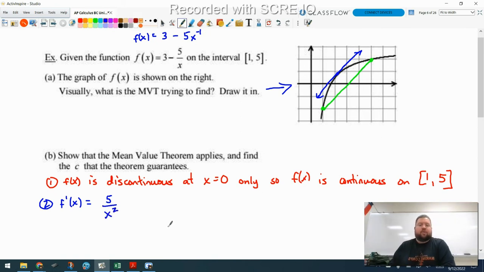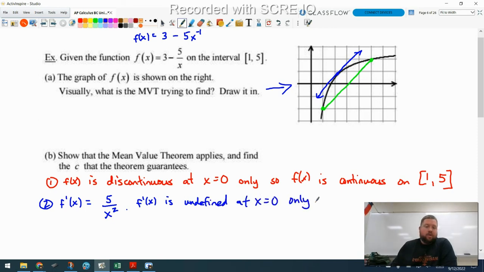So it's 5 over x squared. All right, f prime of x is undefined at x equals 0 only. So f of x is differentiable on the open interval 1 to 5.